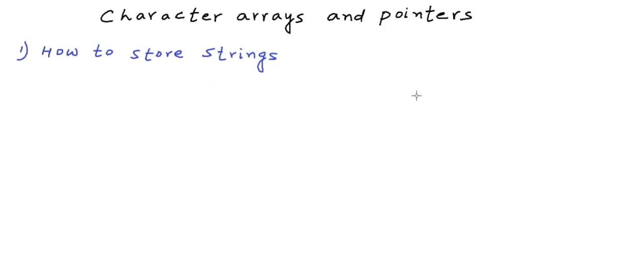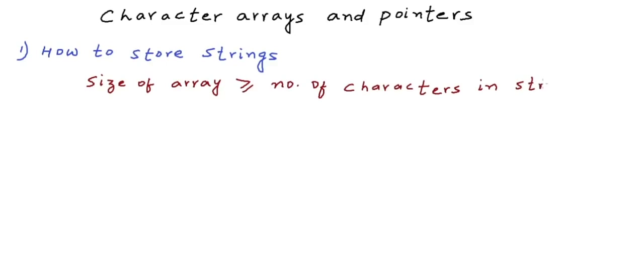To be able to store a string in a character array, the first requirement is that the character array should be large enough to accommodate the string. And what is a large enough character array? A large enough character array is a character array of size greater than or equal to the number of characters in the string plus 1.